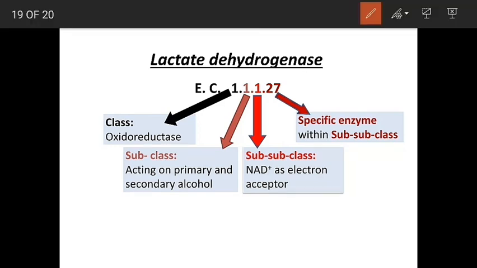Here the first digit indicates the class of the enzyme, the second digit indicates the subclass, the third digit indicates the sub-subclass, and the fourth one indicates the precise position of the enzyme, and it completely characterizes the enzyme.